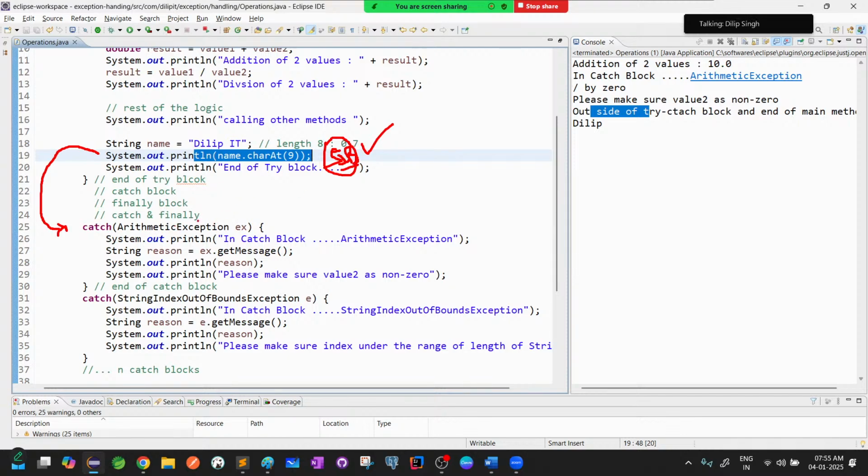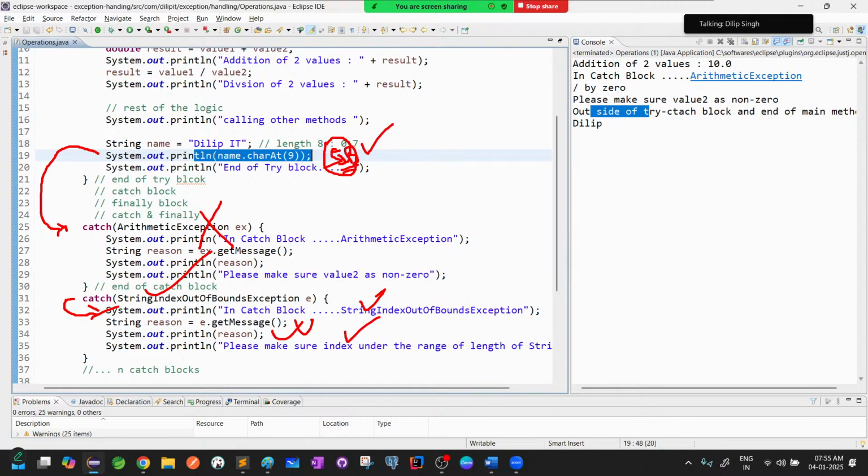Is this one? No. Is this one? Yes. Same type, right? String index out of bounds exception. JVM found this catch block, entered into it, and executed this line, this line, this line, this line. So finally the catch block is found.